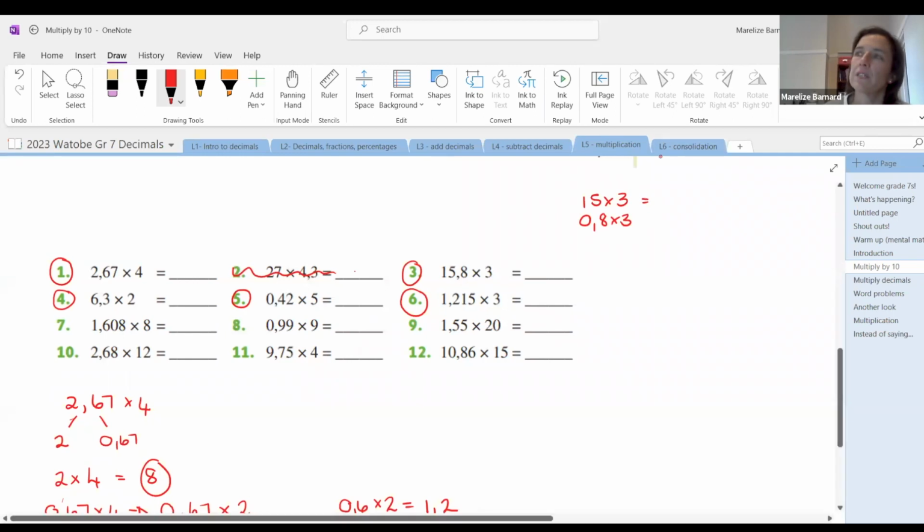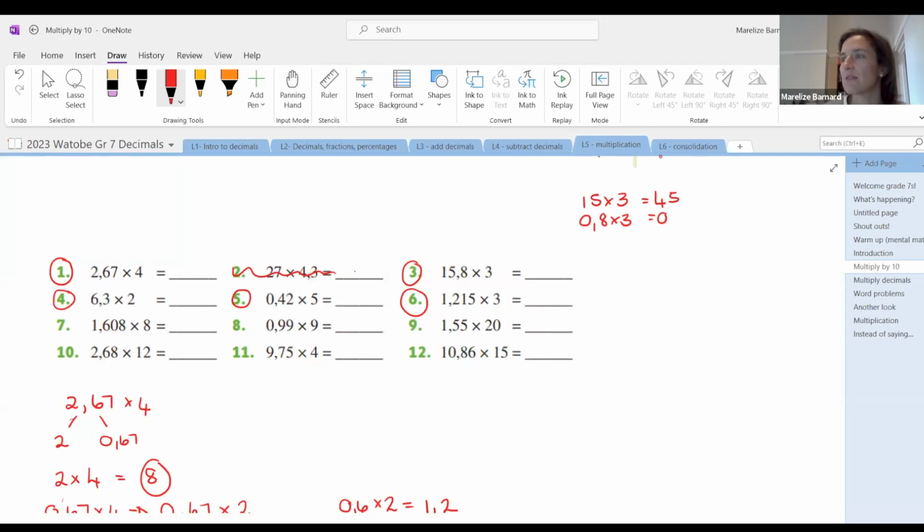Then 15 times 3 is 45. And 0,8 times 3 is, no, it's not 0,24, it's 2,4. And then we put that all together, that's 47,4. Nice.